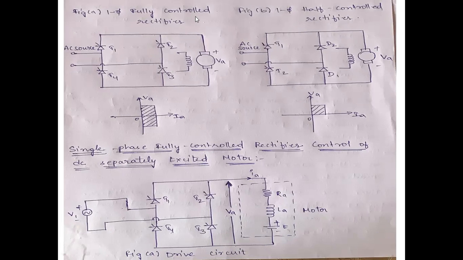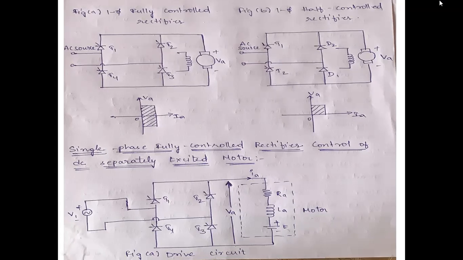These allow motor control in quadrants 1 and 4 of the VA-IA plane, where this is the first quadrant, second, third, and fourth. These controllers are called fully controlled rectifiers.